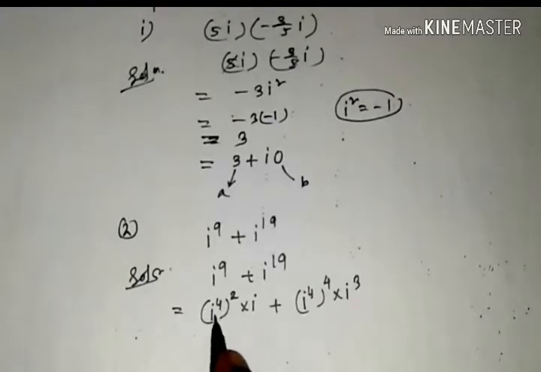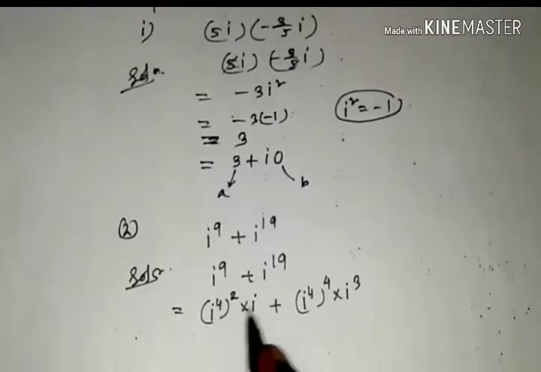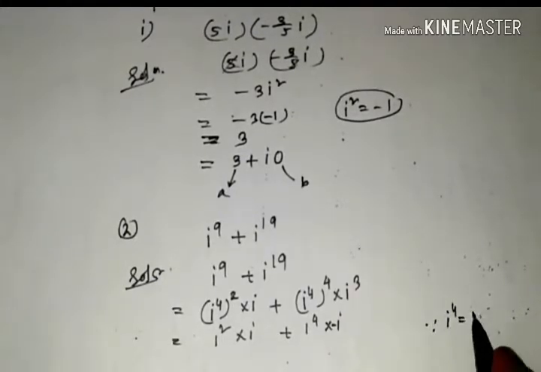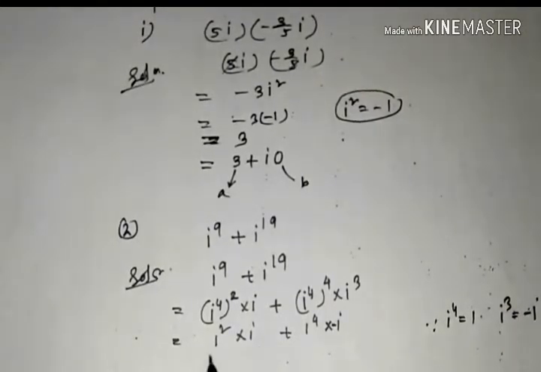Here i to the power 4 we can write as 1, so it is 1 to the power 4 into i cube, that is minus i. Since i to the power 4 is equal to 1, i cube is equal to minus i. Now 1 into i is i, and i to the power 4 is also 1, so 1 into minus i is minus i.